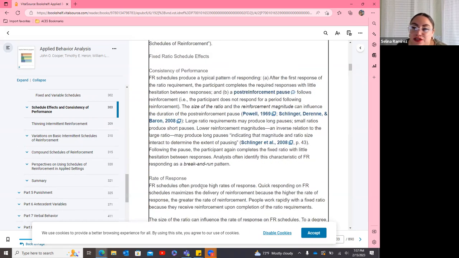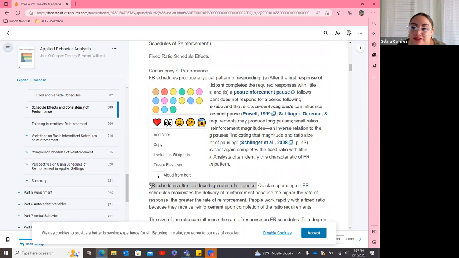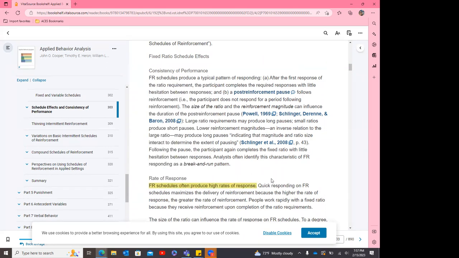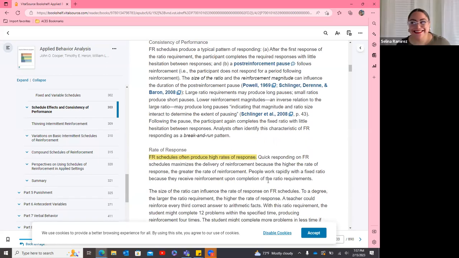FR schedules often produce high rates of response. So that's something you need to know, right? Highlight. FR schedules produce high rates of response. Quick responding on an FR schedule maximizes the delivery of reinforcement because the higher the rate of response, the greater the rate of reinforcement.